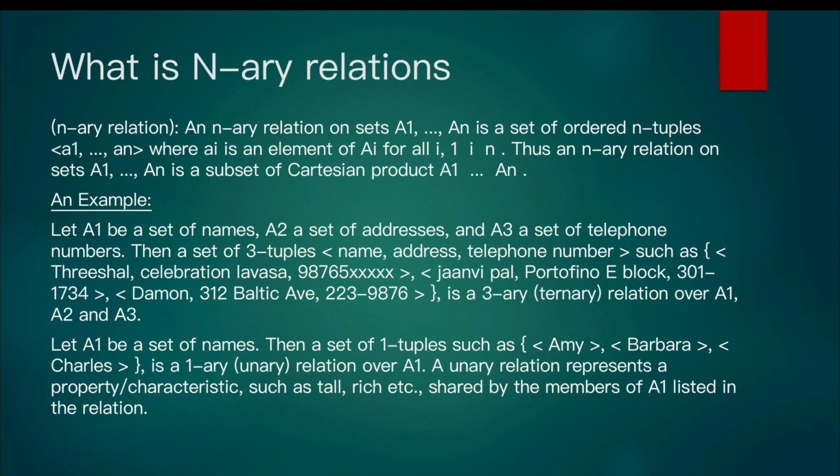It's a 3-ary relation, or ternary, over A1, A2, and A3. For the second example, let A1 be a set of names, and a set of 1-tuples such as Amy, Barbara, and Charles is a 1-ary relation, or a unary relation, over A1. A unary relation represents a property or characteristic such as tall, rich, etc.